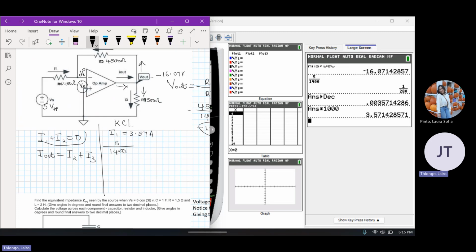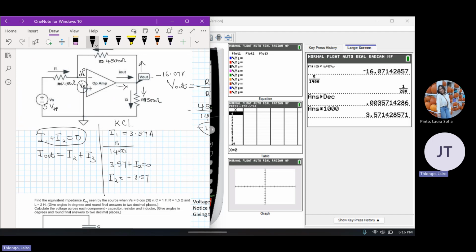So given from this equation that we have two unknowns, we already have one of the knowns, I1. Replacing I1 in this equation, 3.57 plus I2 is equal to 0. That means that I2 has to be minus 3.57. So we already have I2, find I out based on this equation.